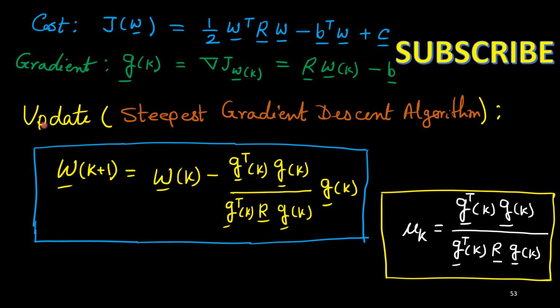So the exact update for the steepest gradient descent algorithm is this one: wk plus 1 equals wk minus g transpose k gk upon g transpose k R times gk, times gk. Basically this is the step size mu k. This is your steepest gradient descent algorithm for convex quadratic functions, right?